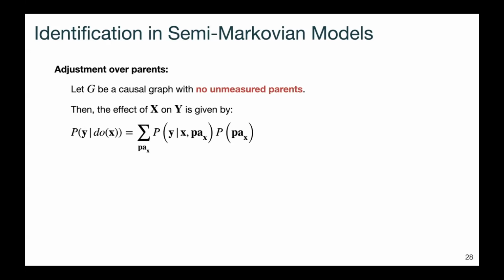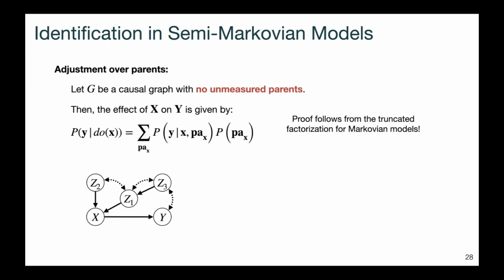It's similar to the example in the previous slide, because once you have the parents, by the truncated formula, you can just get this. This follows trivially from the truncated factorization. So this is an adjustment formula. As long as you have the parents, you just put the parents here, and then you see the effect.